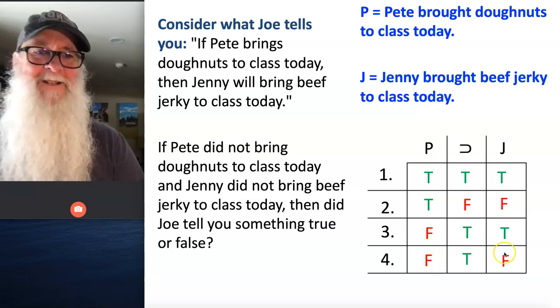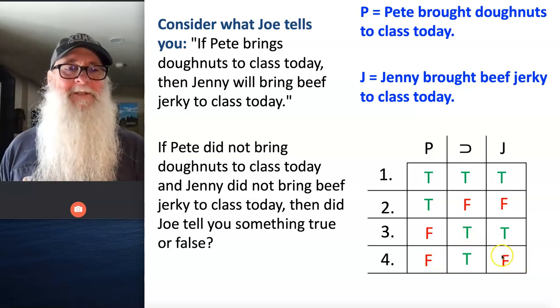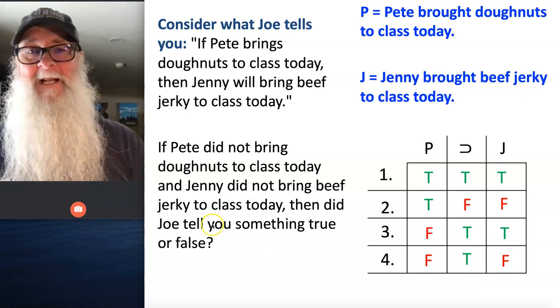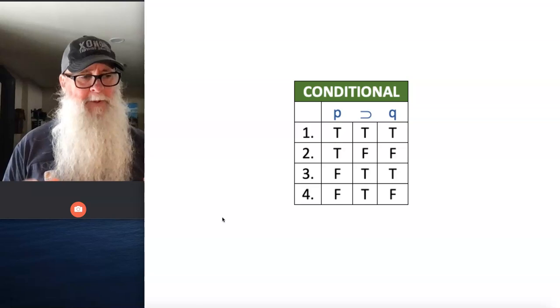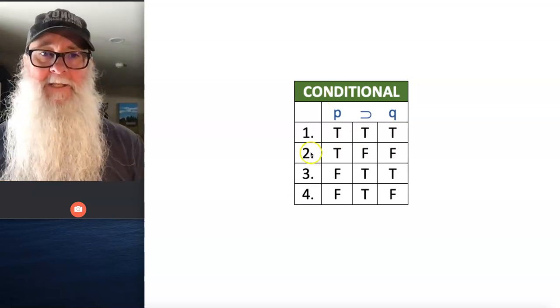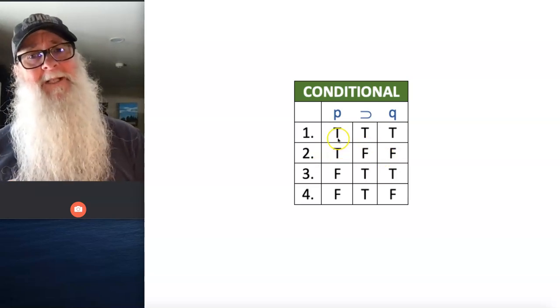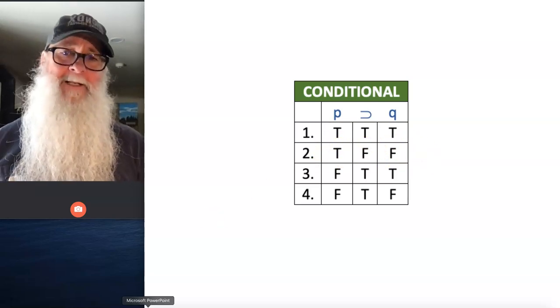Kind of weird, right? So even when both of the simple statements are false, the conditional statement is actually true. And this represents the rule of conditionals. And again, it says here on line 2, the only way a conditional statement is false is when what appears on the left-hand side is true and what appears on the right-hand side is false.